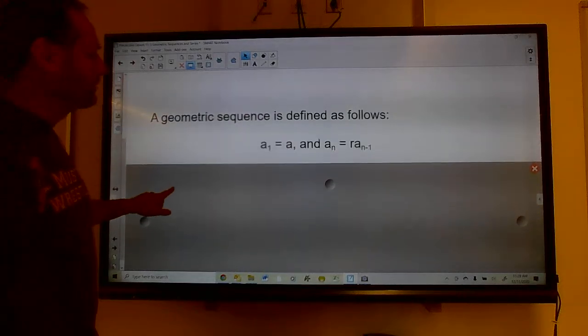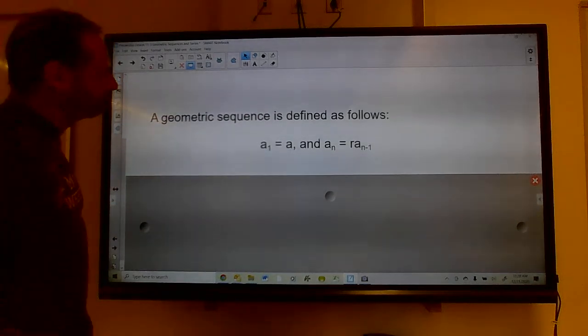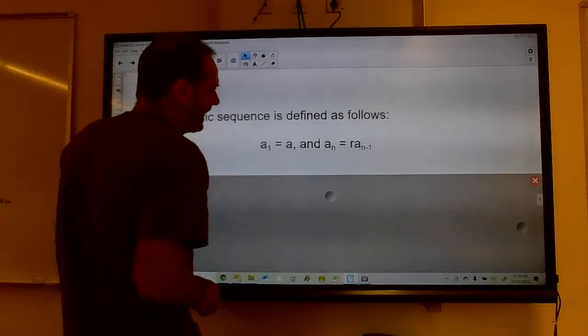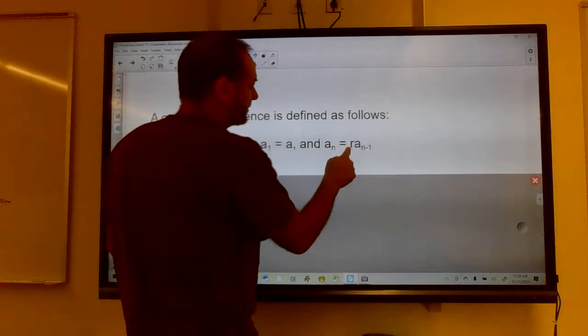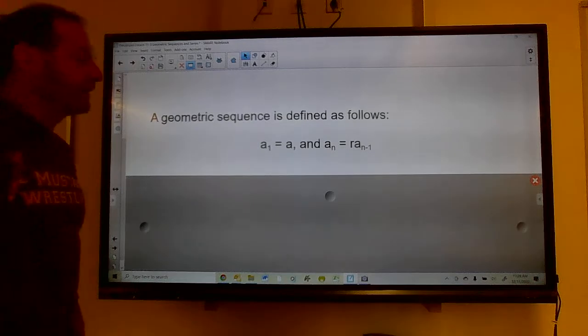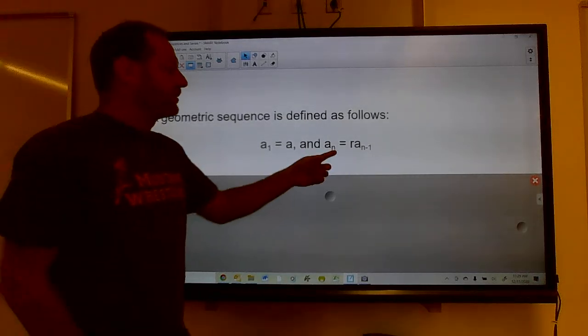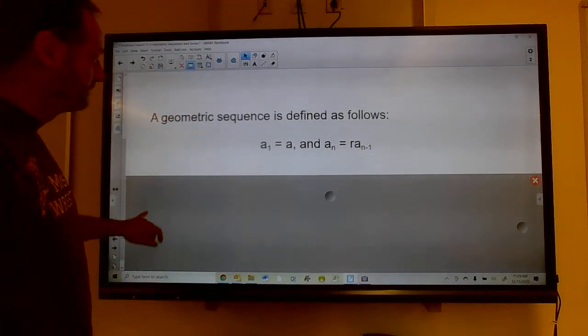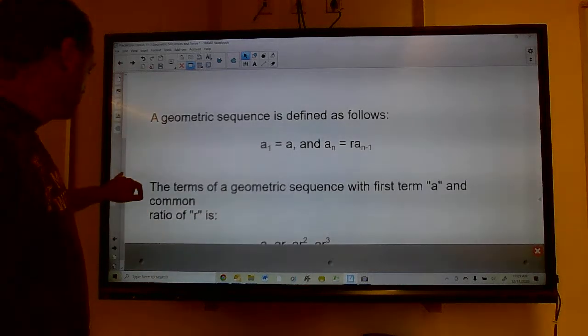So a geometric sequence is defined as follows. The first term is A, and A sub n is R times A sub n minus 1. So it's just some number times the number before it. Okay?